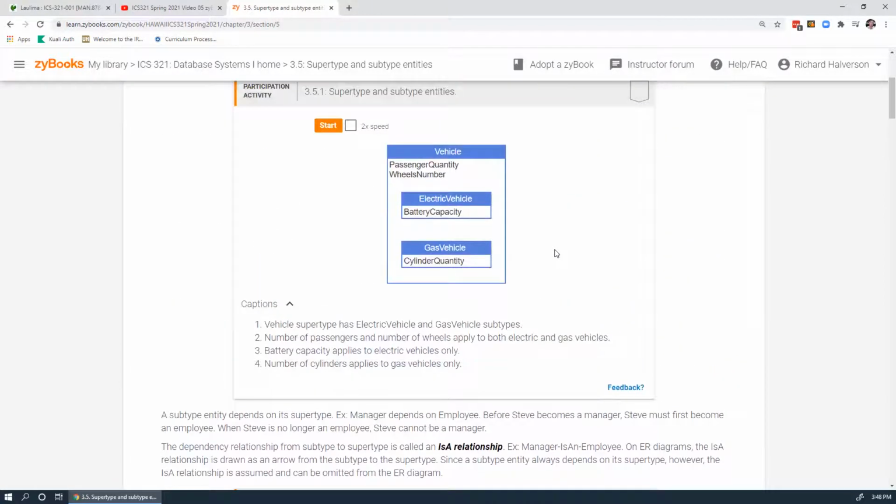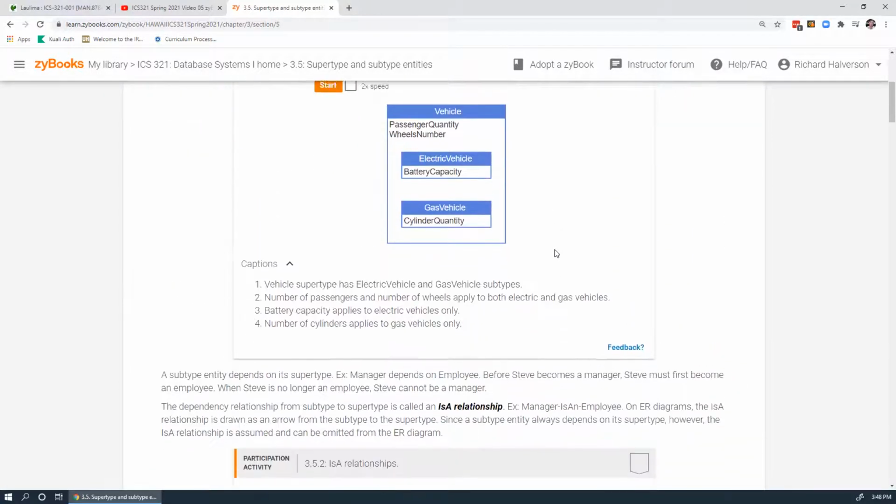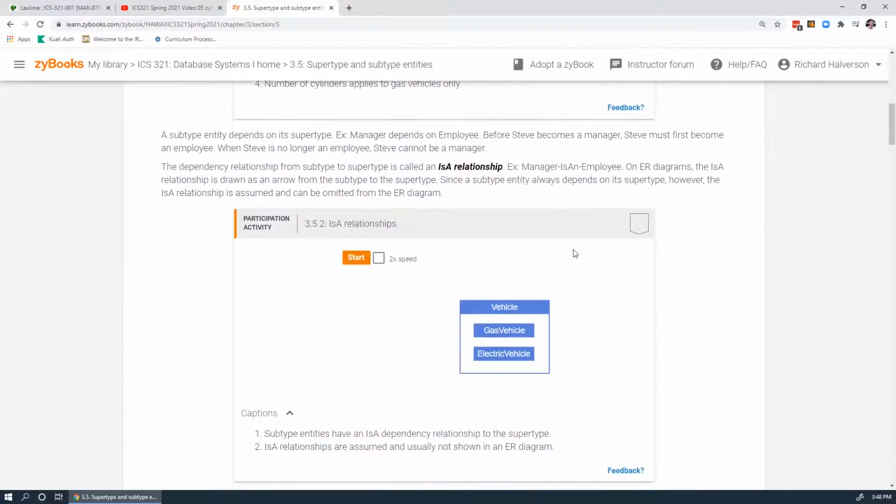It's an attribute of the subtype also. And there's this concept called ISA, so we have a subtype is a supertype. That's what that means. So this is a way of expressing that this is a subtype of this supertype.